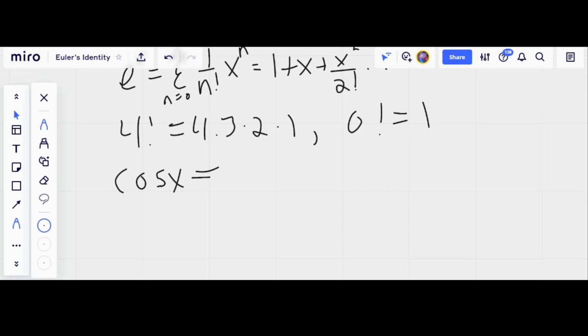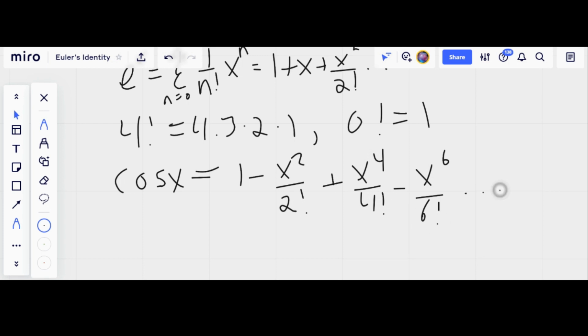We can write it as 1 minus x squared over 2 factorial plus x to the 4th over 4 factorial minus x to the 6th over 6 factorial, dot, dot, dot. I'll leave it as an exercise to the viewer to express this in terms of the summation notation.